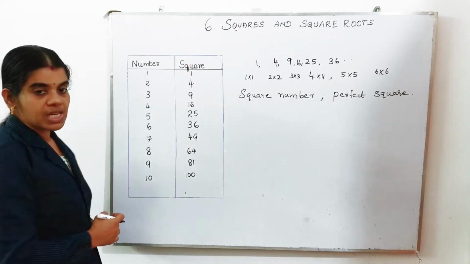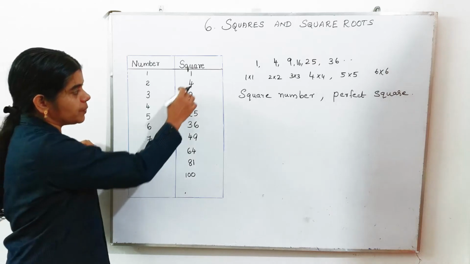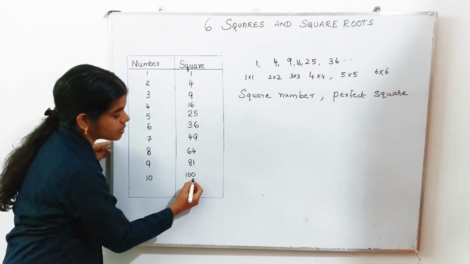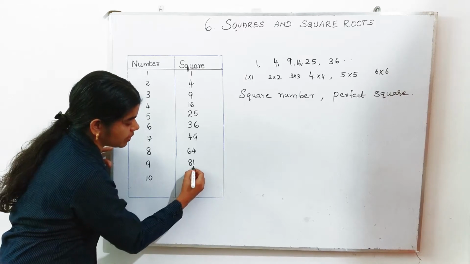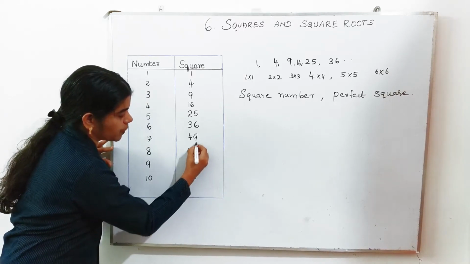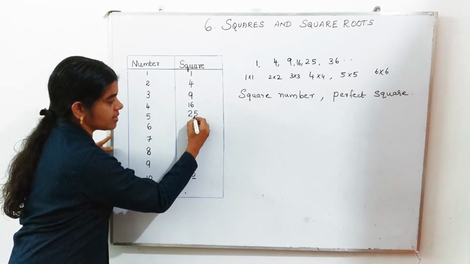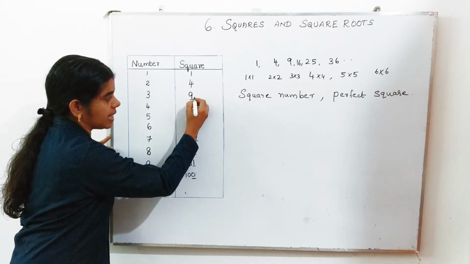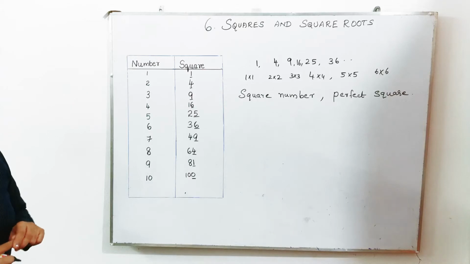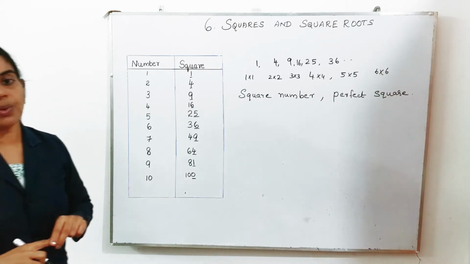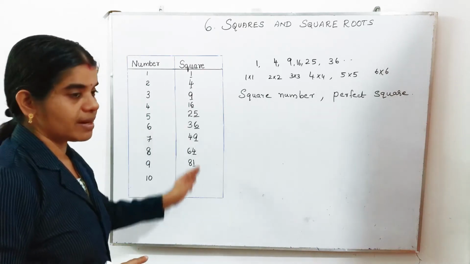If you want to check the ones place digit of the square numbers, what is the ones place digit here? 0, 1, 4, 9, 6, 5, again 6, 9, 4, 1. Mainly, just watch the unit place of the square numbers.